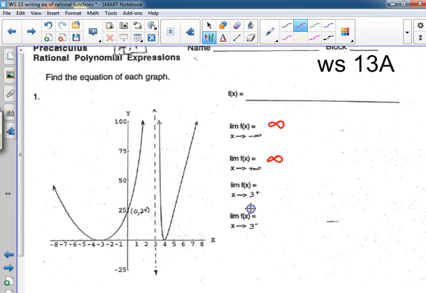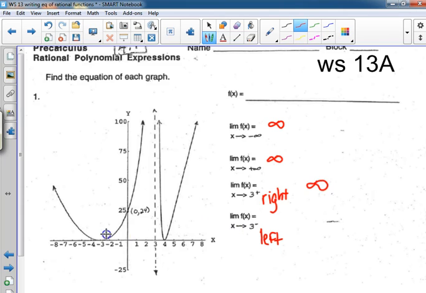All right, this is weirdness you've not seen before. This reads, as x approaches 3 from the right. And the one underneath says, as x approaches 3 from the left. So the first one means as I'm coming from the right and get closer and closer to 3, what's the graph doing? Up.